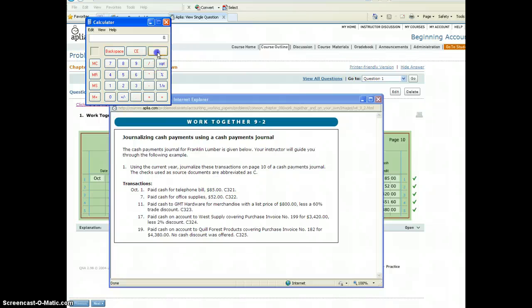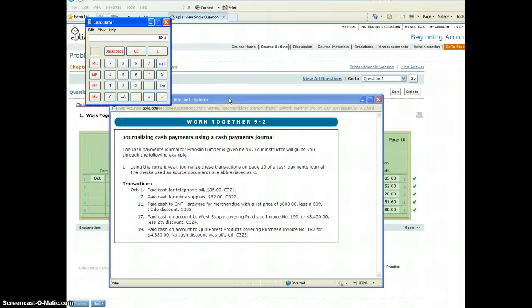Times 2% and hit equals. Try that again. 3,420 times 0.02. $68.40 is what our discount is.